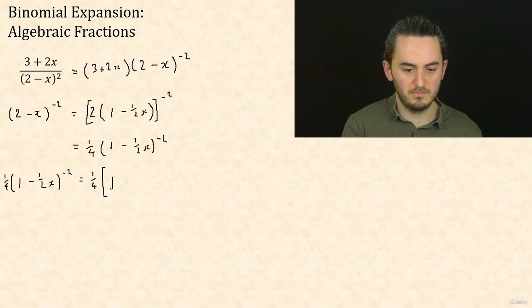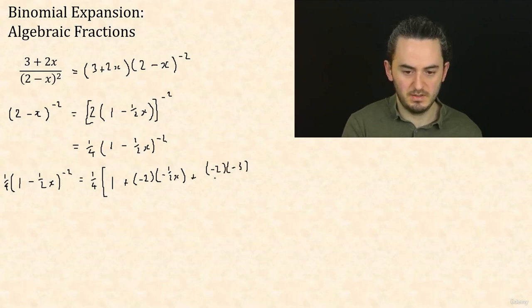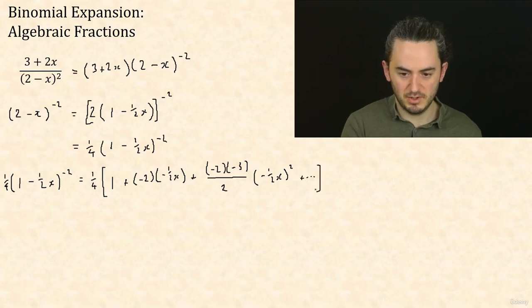So it's 1 plus nax plus n(n minus 1) over 2 ax squared plus dot dot dot.